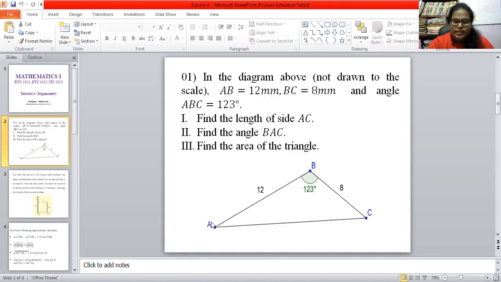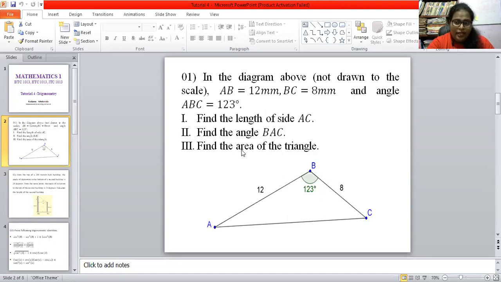So here it is given like ABC, and the lengths of AB is 12 and BC is 8 respectively, and the angle ABC is given as 123 degrees. We'll see how to get the length of this AC, and the second part of this question is asking the angle BAC, and the third part is asking the area of this triangle. We'll see how to find these things one by one, right?